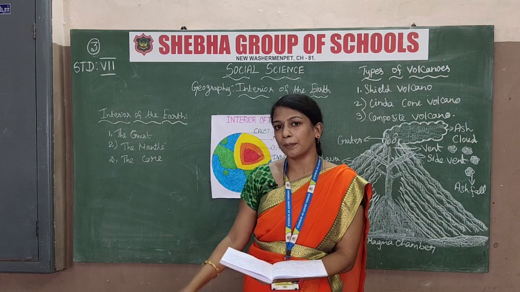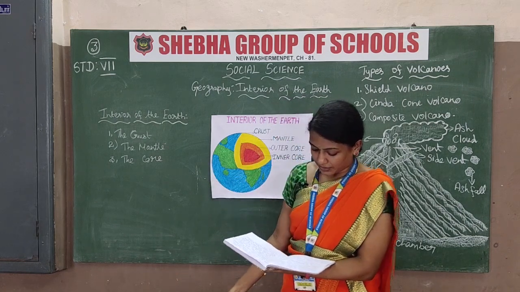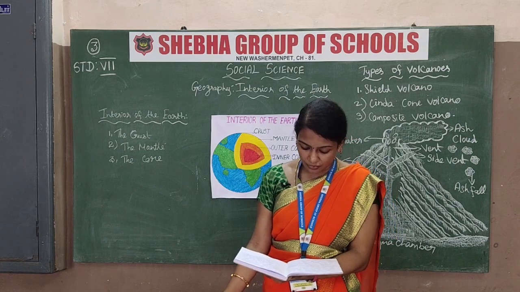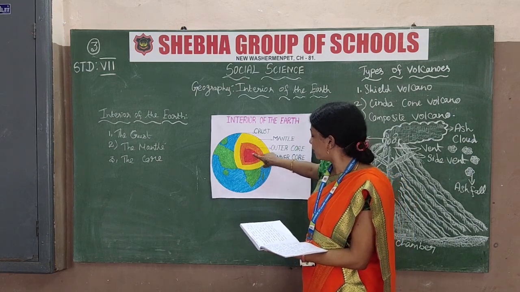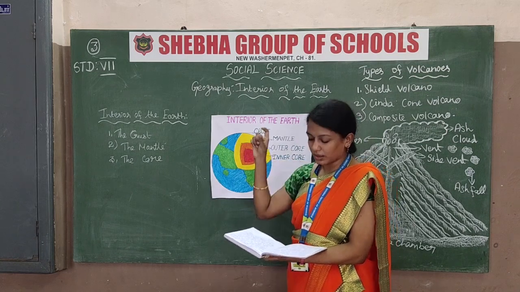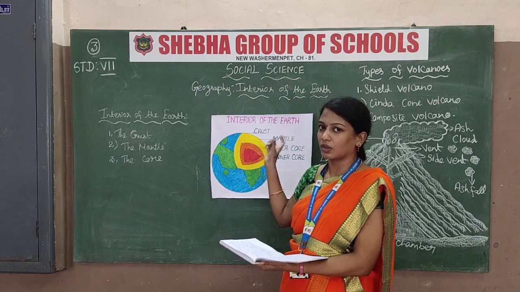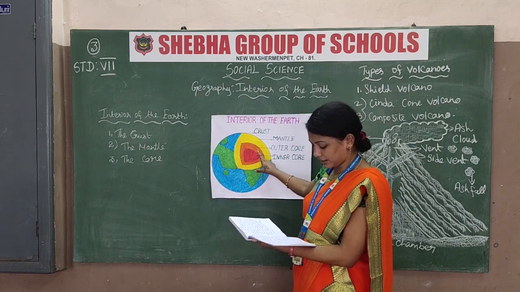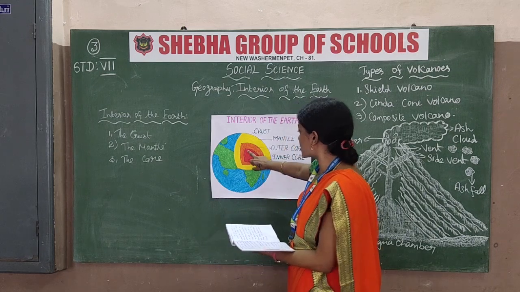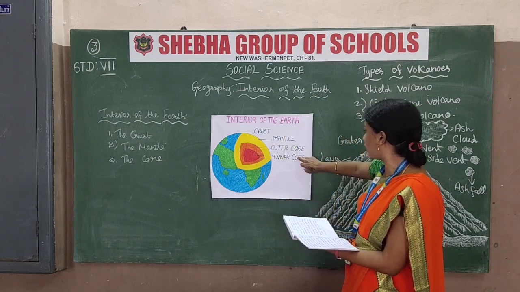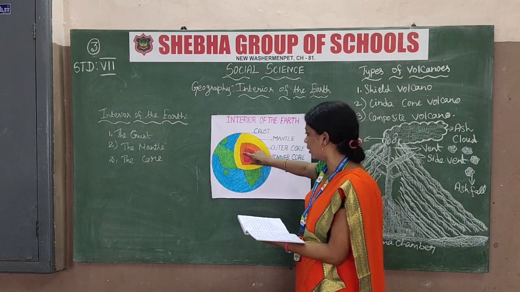Barysphere. The inner core is composed of nickel and ferrous iron. The core part is the solid part, and the central core is at very high temperature. You can see this place, the inner core, contains high temperature and high pressure.